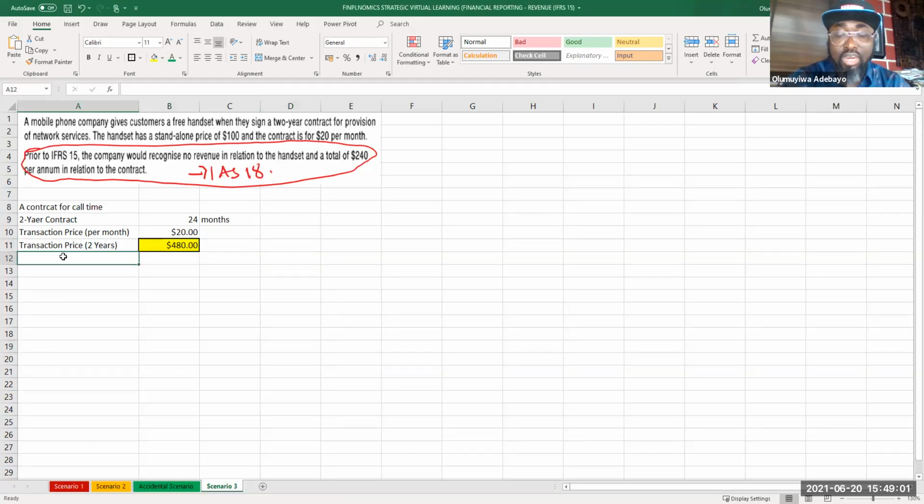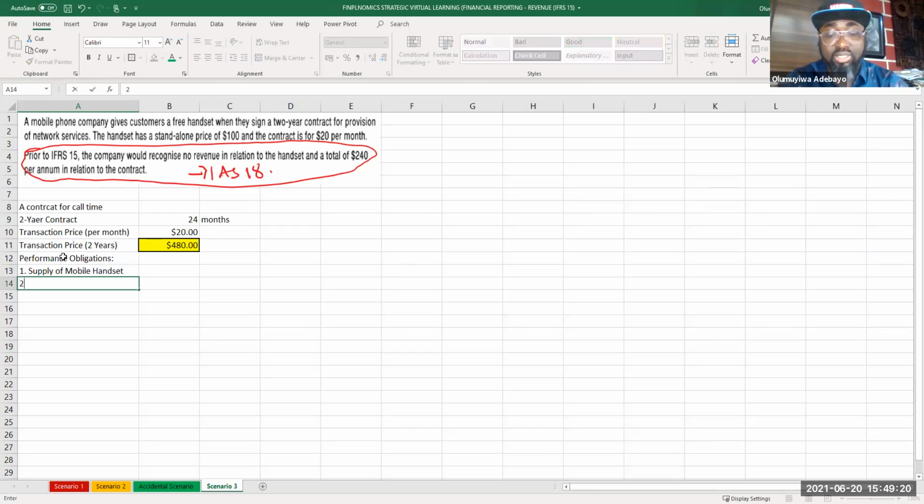Now, we have performance obligations. Who can name them? One, supply of mobile handsets. Second one, unlimited call time for what? 2 years.